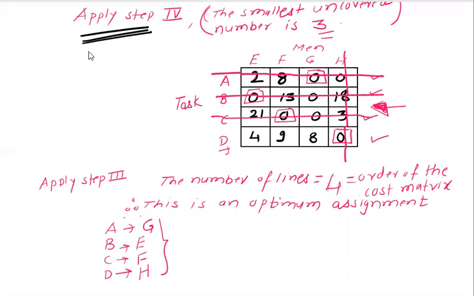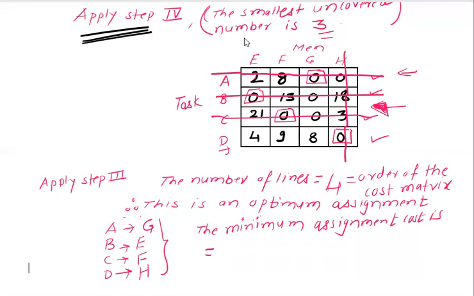So what is the optimum, that is, the minimum assignment cost? So here the optimum or minimum assignment cost is, look at the cell in which we have made an assignment. In the first row, the assignment is made in the cell C13.